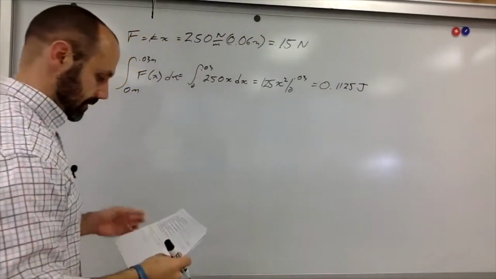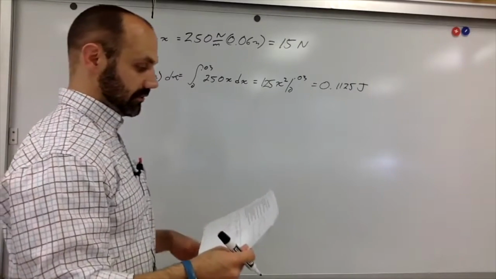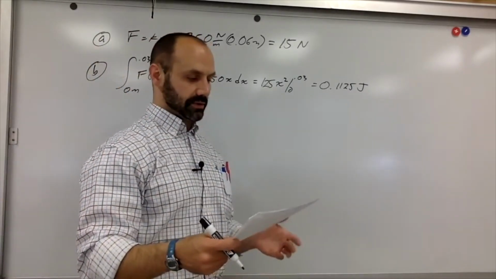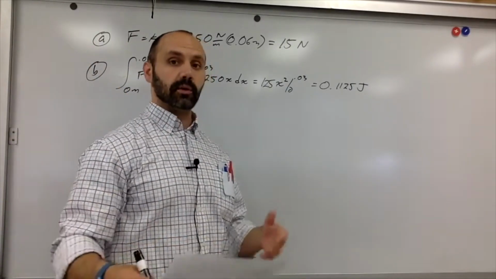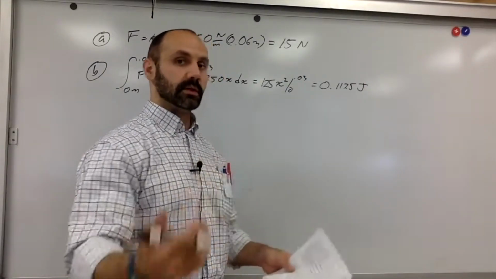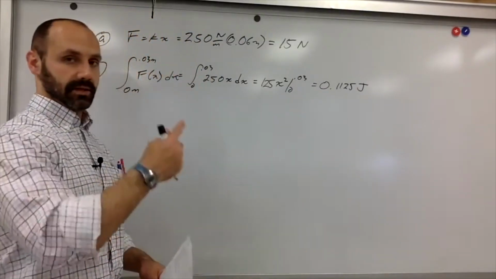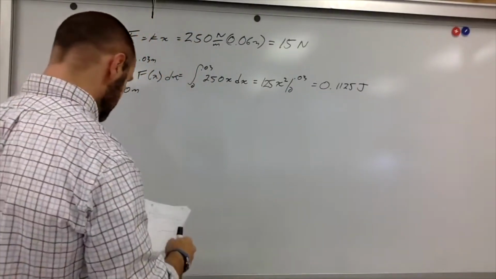joules. Now I want to know the work done by the applied force compressing the spring from 0.03 to 0.06 meters. By the way, we're compressing this now, so the force and the displacement are in the same direction, so we're expecting the work done by the applied force to be positive, and that's what we're getting here. That's a good thing.